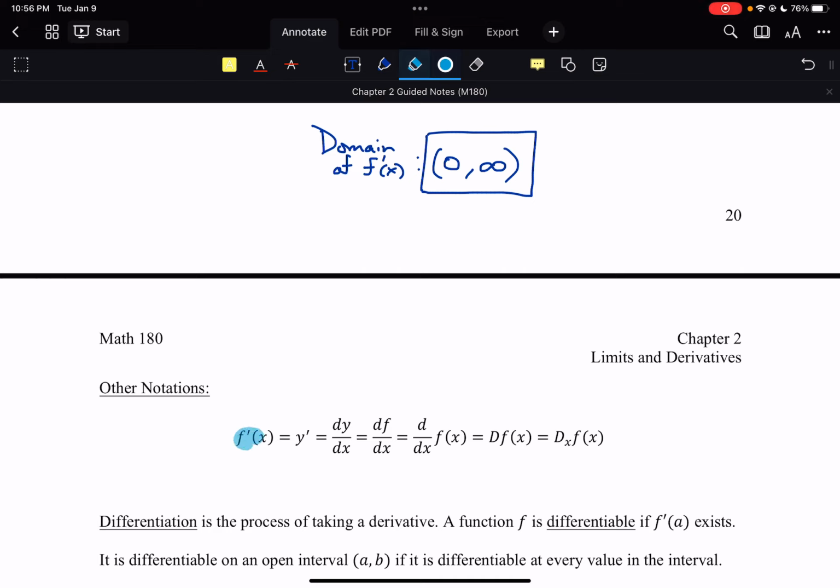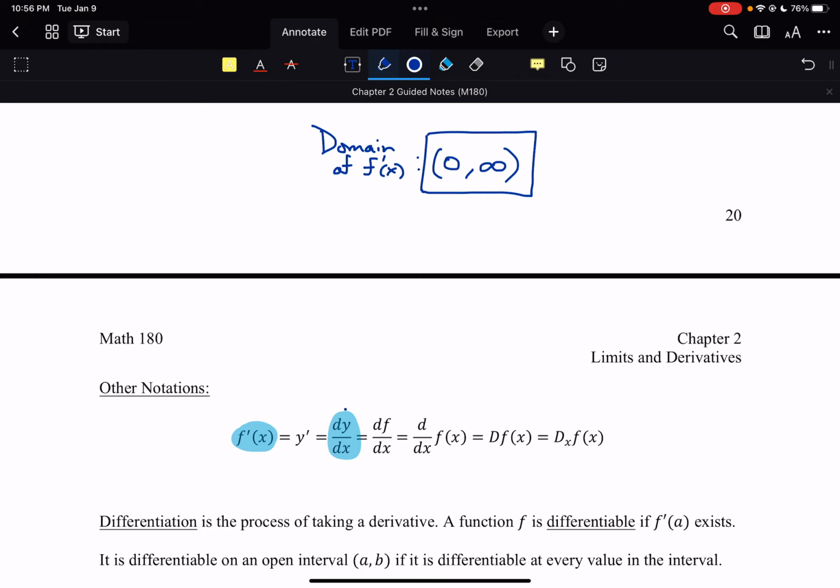Of course, f prime of x is very common. Y prime is just about the same as that. The other alternative that we usually use is dy dx. This is called the Leibniz notation. It's named after the guy who discovered calculus and started using that notation to begin with.